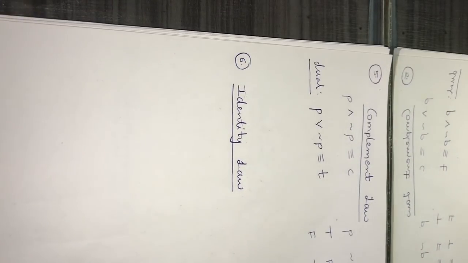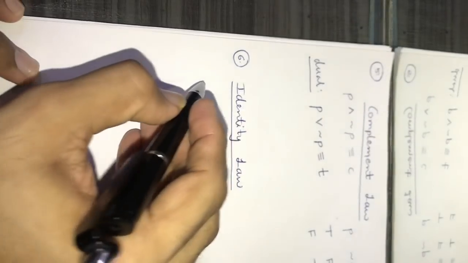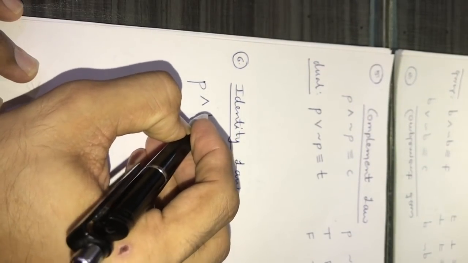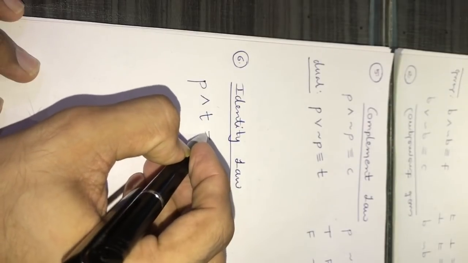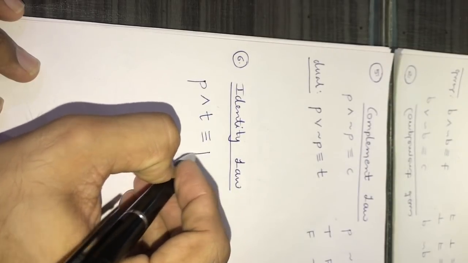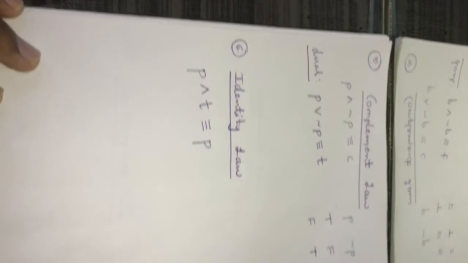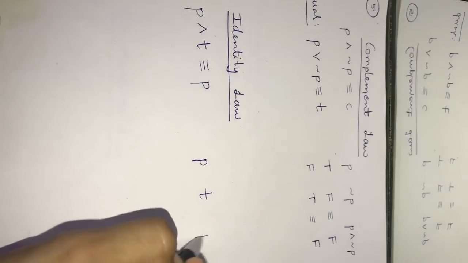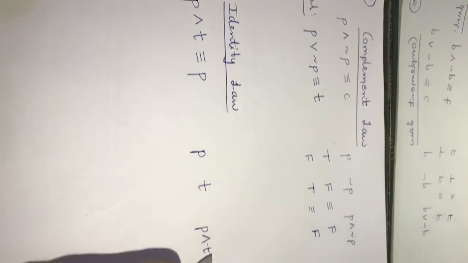Okay. The next law which we are going to do is called identity law. In identity law, we say P and tautology is logically equivalent to P. We can make the truth table for it. P, tautology, P and tautology, right? This is true.